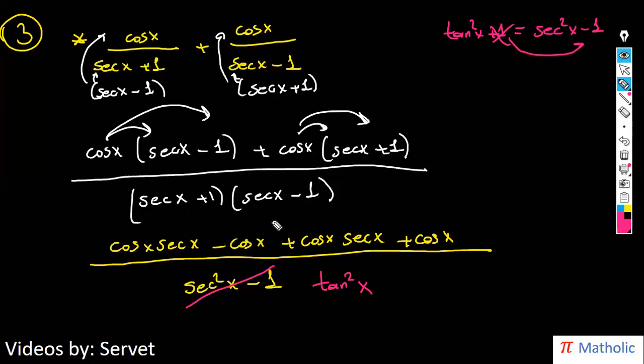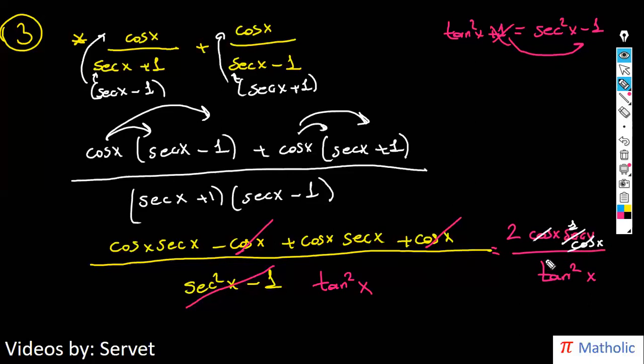Let's check the numerator. Negative and positive cosine x cancel each other. So what is left here is 2 cosine x and secant x over tangent squared x. Instead of secant, I can write 1 over cosine x.